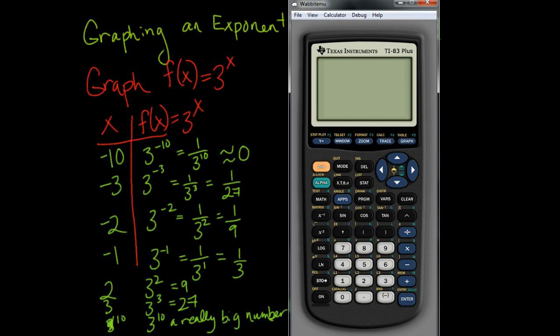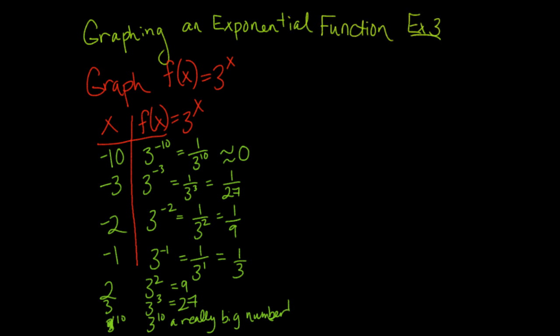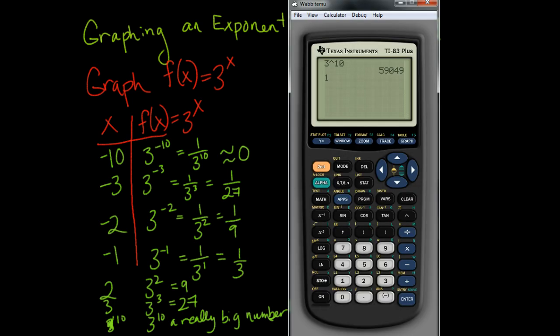So let's do 3 to the 10th. That's a pretty big number, right? So when you're thinking about this graphically, let's just do, since we're doing this, 1 divided by 3 to the 10th.